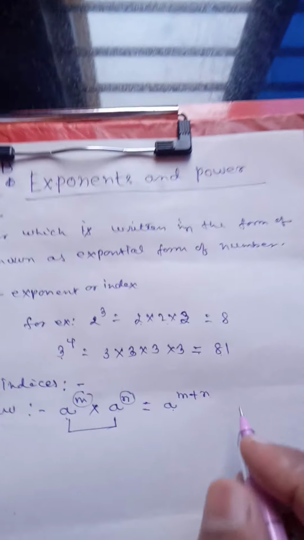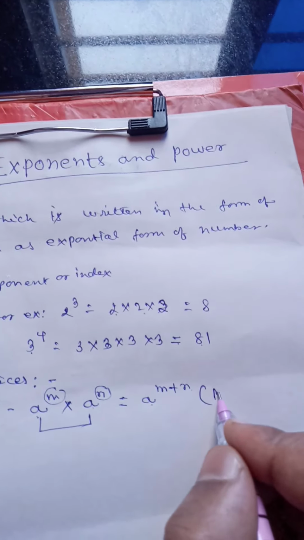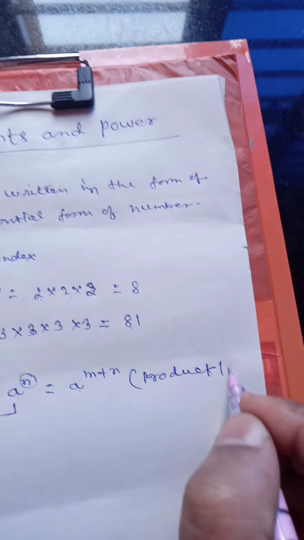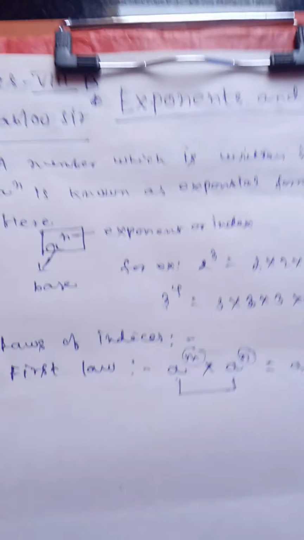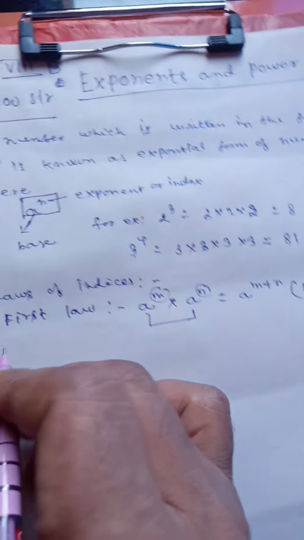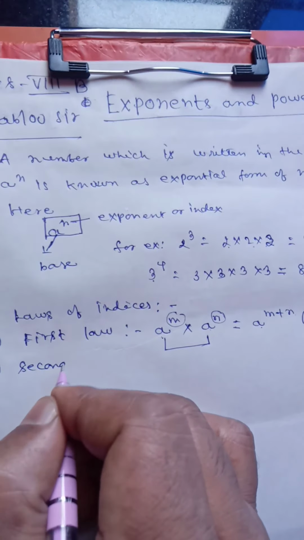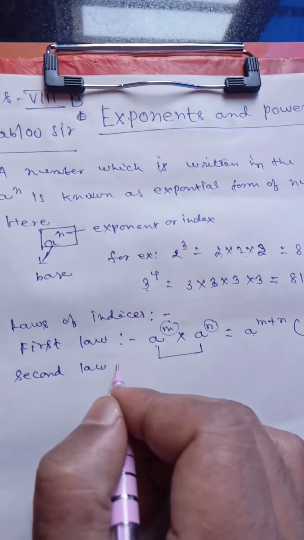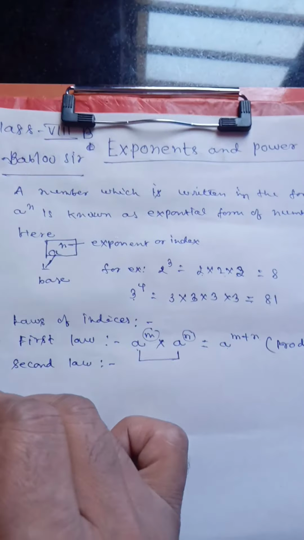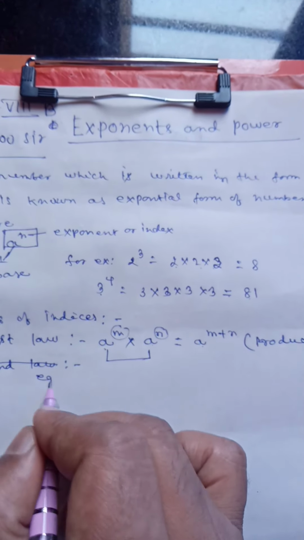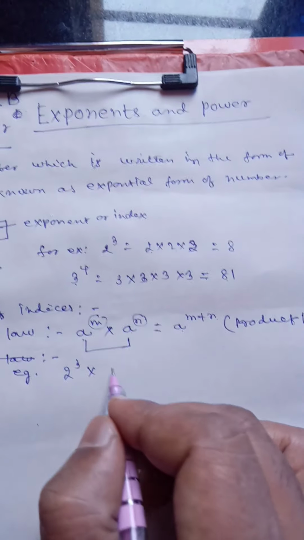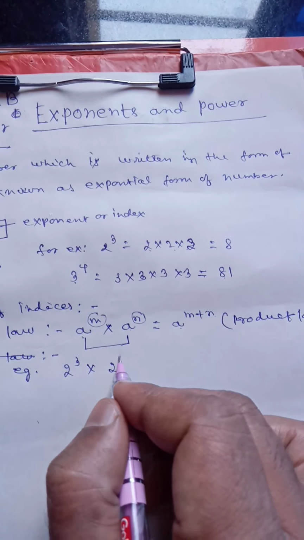This type of law is called the product law. For example, 2 raised to power 3 into 2 raised to power 4.